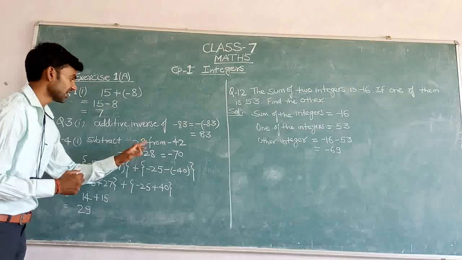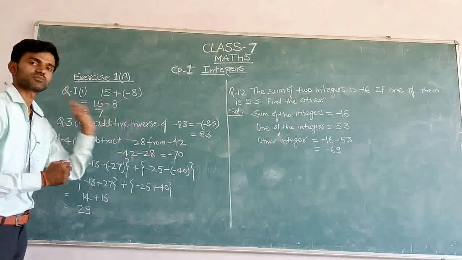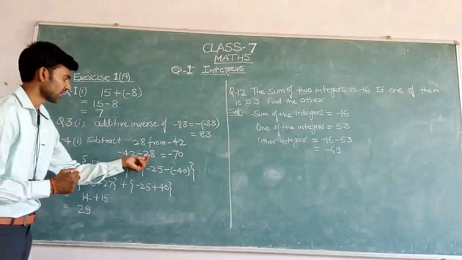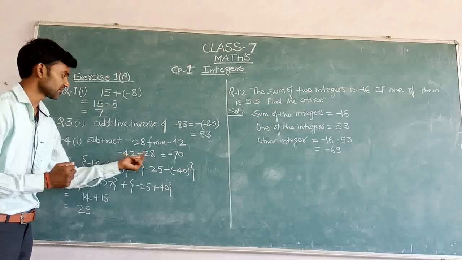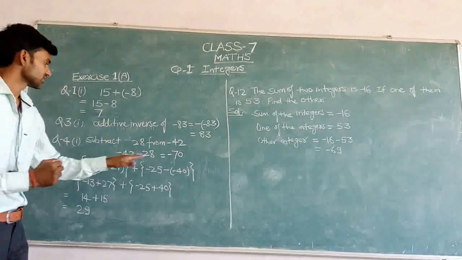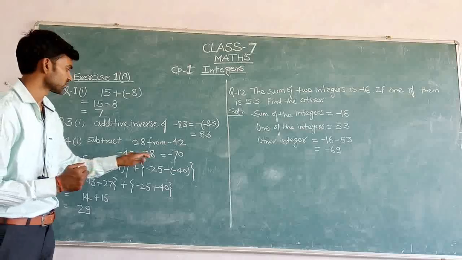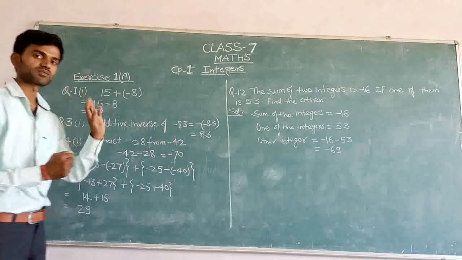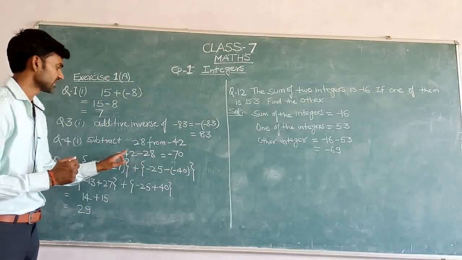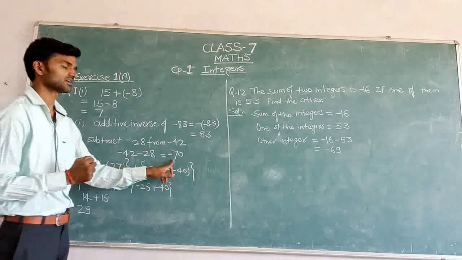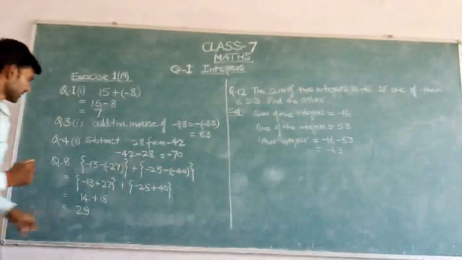Minus 42 minus 28, both are having negative signs. So add these two integers, 42 and 28 become 70, and both are negative, so the result will also be negative.